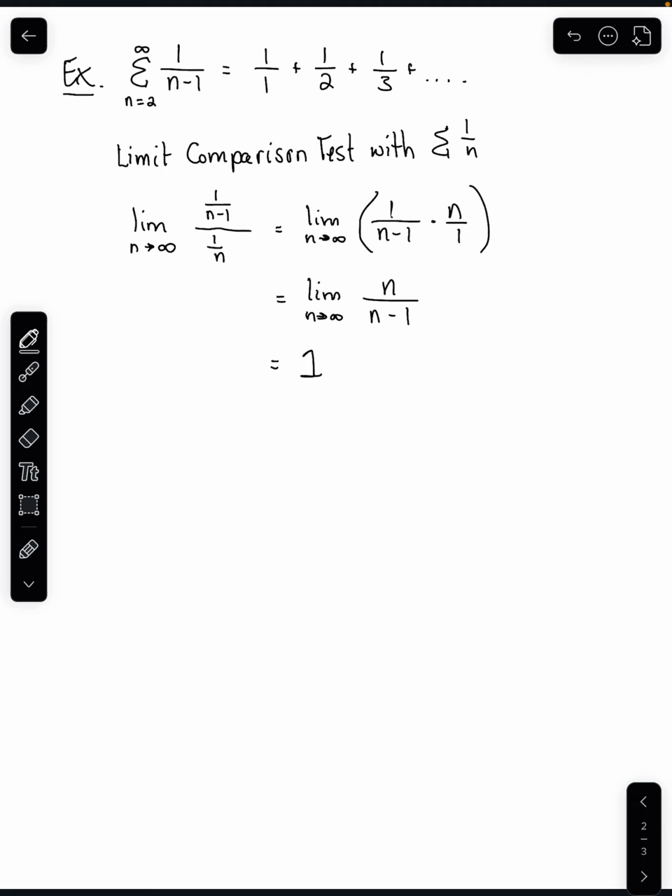This is a unique finite value, a non-zero unique finite value. Therefore, these have a comparable growth rate, as we can see by the fact that they actually produce the same terms. So since we know the harmonic series diverges, then the original series must also diverge.